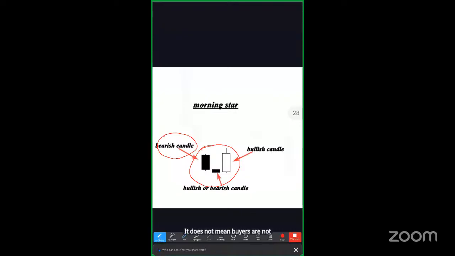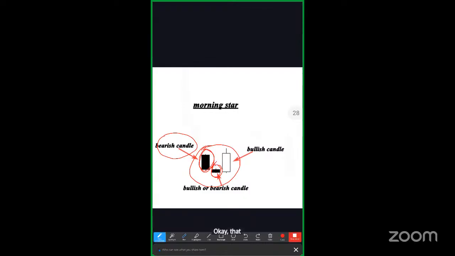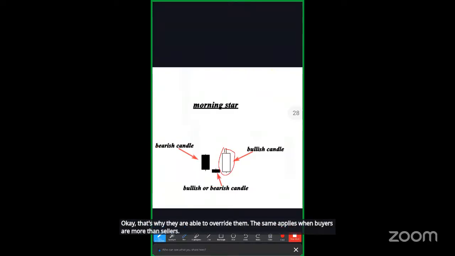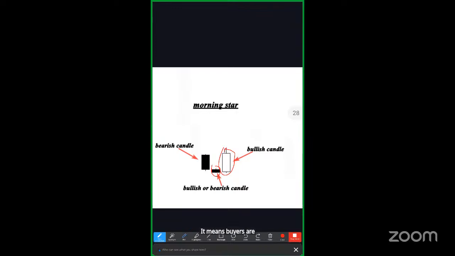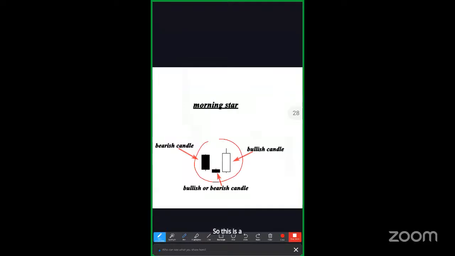No, the buyers are still there, but the number of sellers compared to the number of buyers means sellers are more than buyers, okay? That's why they are able to override them. The same applies when buyers are more than sellers. It means buyers are going to override the sellers. So this is what normally happens in the market. So this is a morning star type of chart pattern.